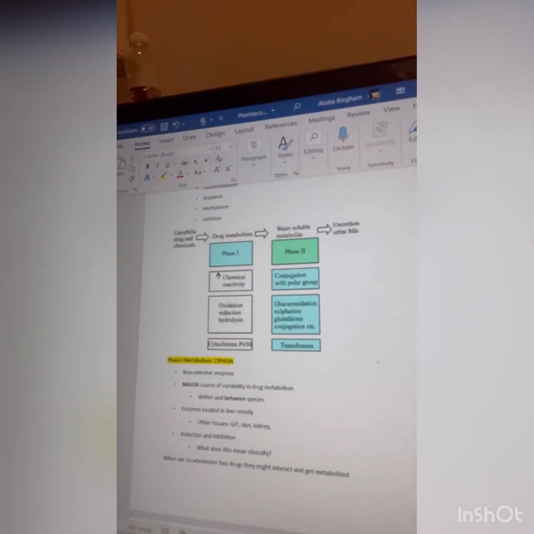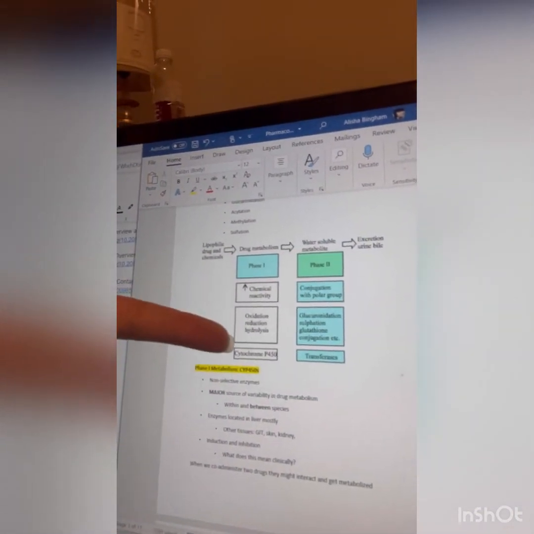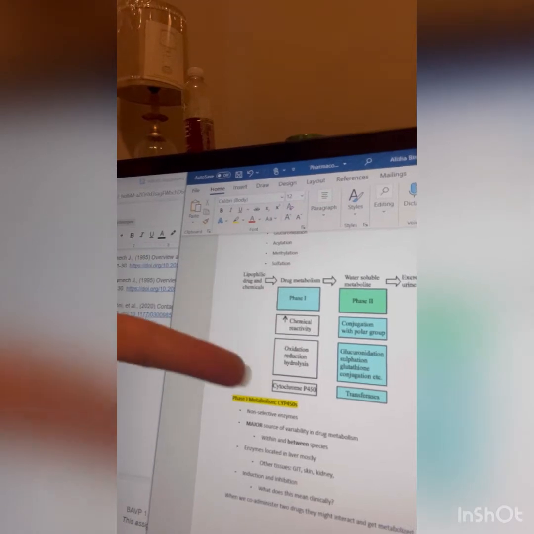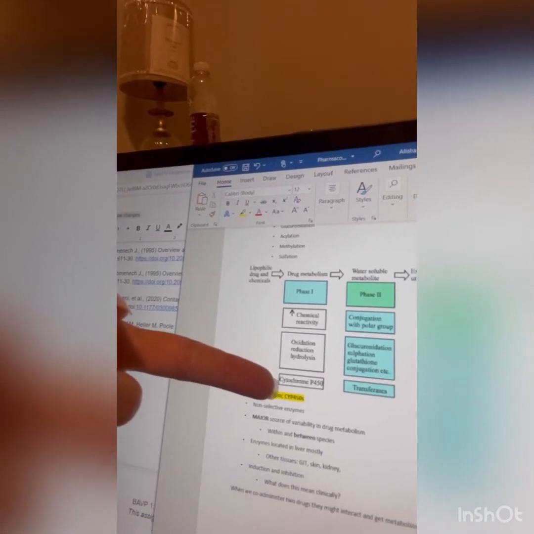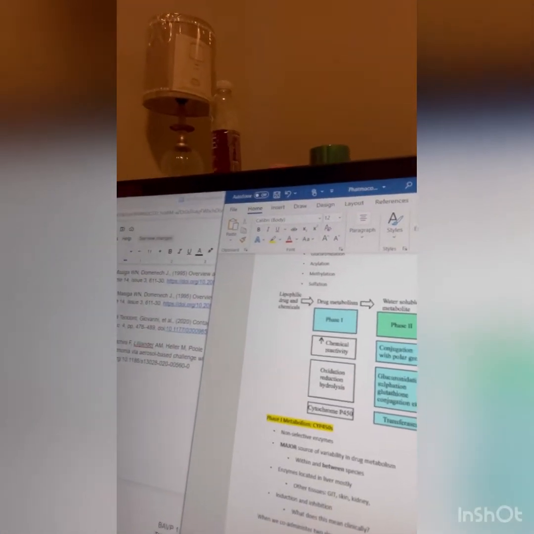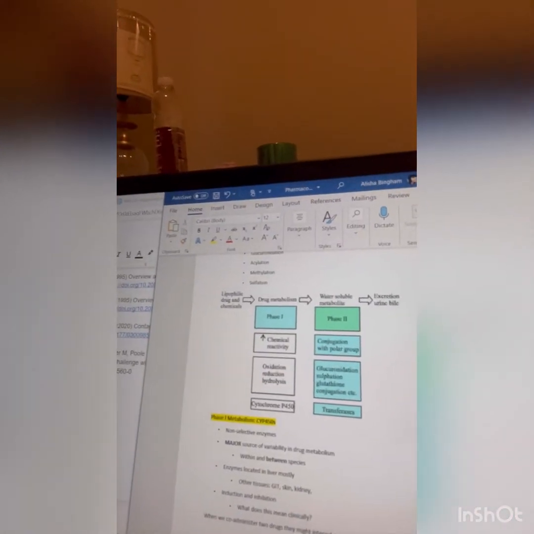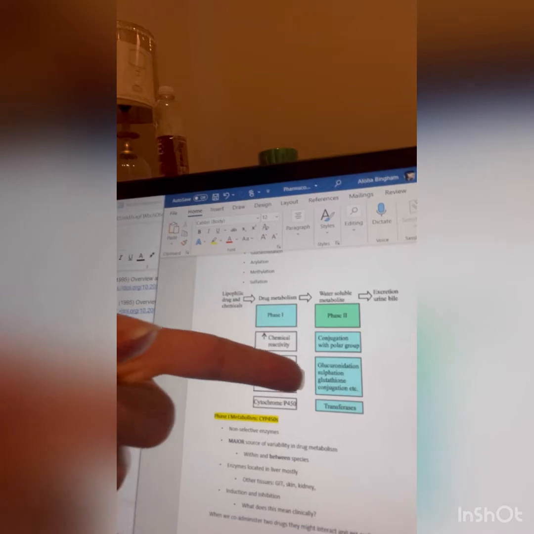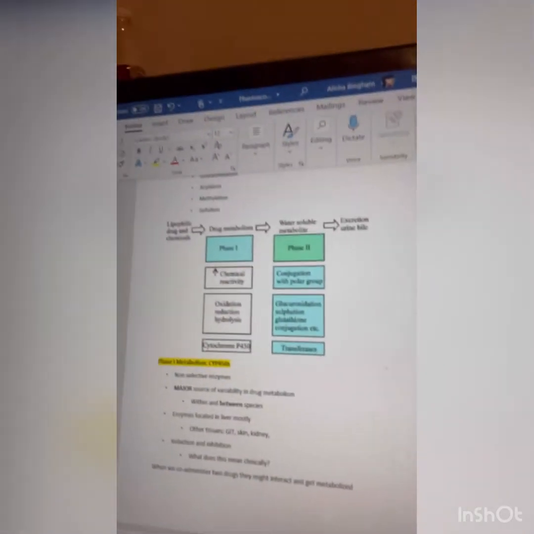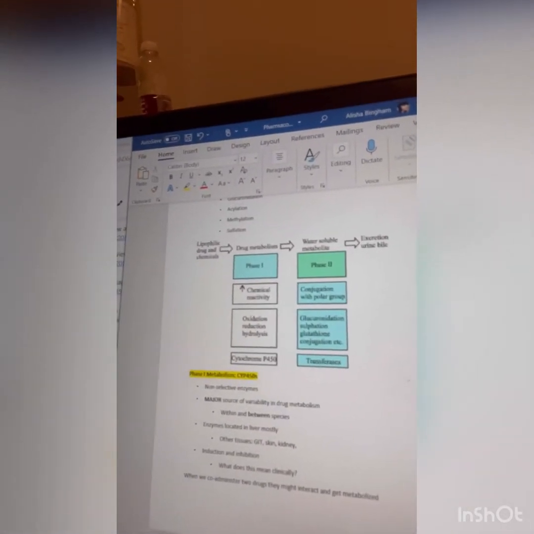So I'm going to show you a diagram here, which basically goes over everything I just told you. This is phase 1. On this side, we have oxidation, reduction, and hydrolysis, and the enzymes used are the cytochrome P450. And then phase 2 has to do with conjugation with a polar group, all those I just said, I'm not going to say them again because they're really hard to say, and they use transferases.